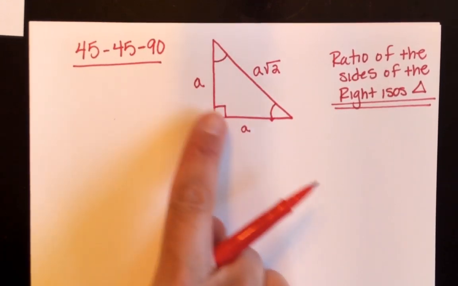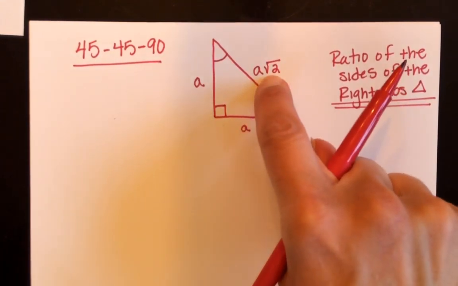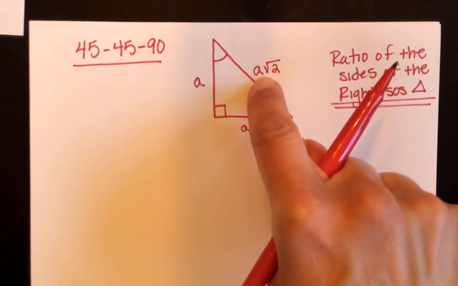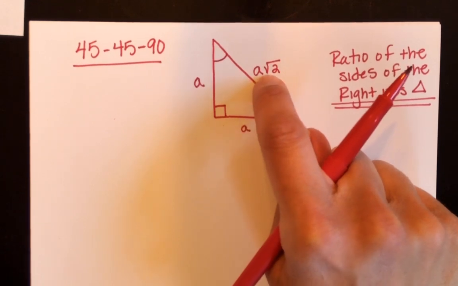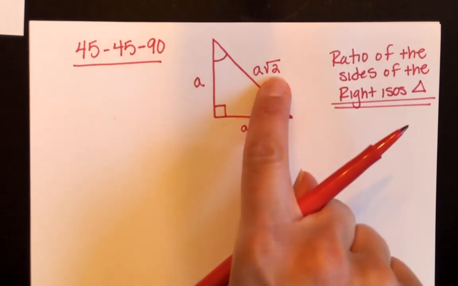And this is 1 times A. And now this is radical 2 times A, but the way we write variables and radicals, it's kind of backwards. So it's a 1 to 1 to radical 2 ratio.